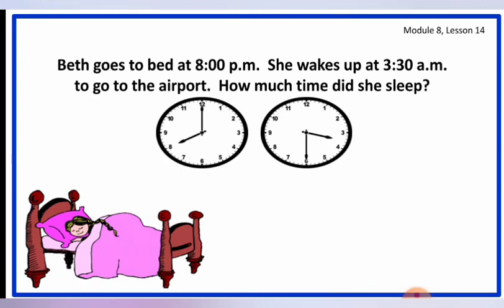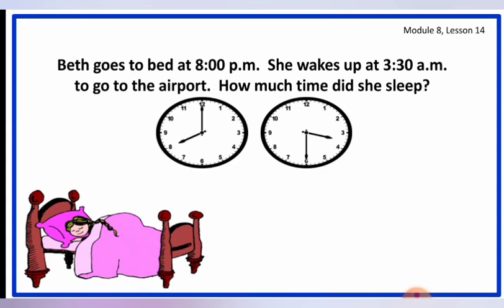Okay. Now from 8 to 9 is how many hours? 1 hour. When it gets to 10, 2 hours. When it gets to 11, 3 hours. 12, 4 hours. 1 is 5 hours. When the hour gets to 2 is what? 6 hours. When it gets to 3 is what? 7 hours.